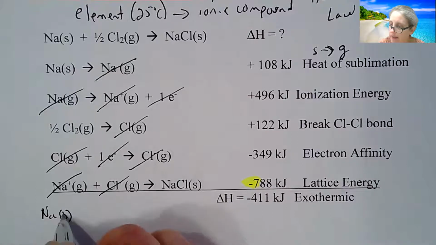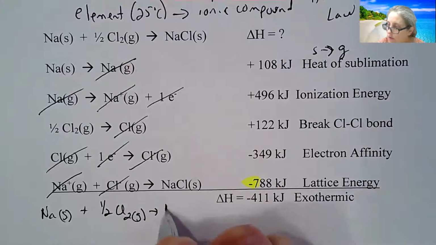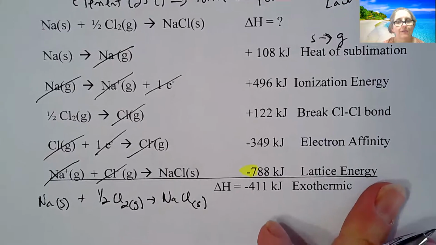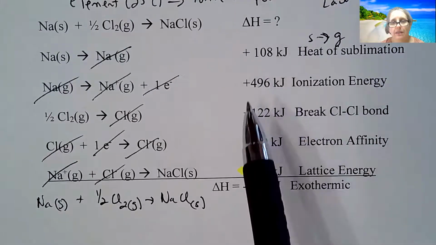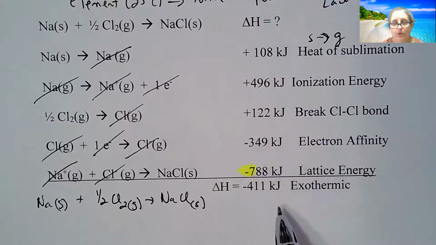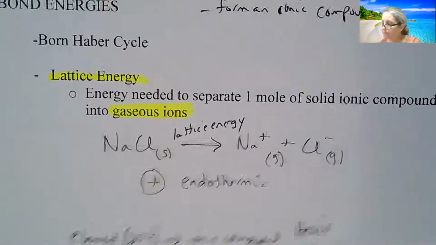So I have Na solid left plus 1/2 Cl2 gas goes to sodium chloride solid, which is exactly what I was asked to find. So all I have to do is add up these energies, and I end up with a negative 411 kilojoules, which is an exothermic process. So that means when sodium chloride forms from these two things, overall, that's the energy that is released.